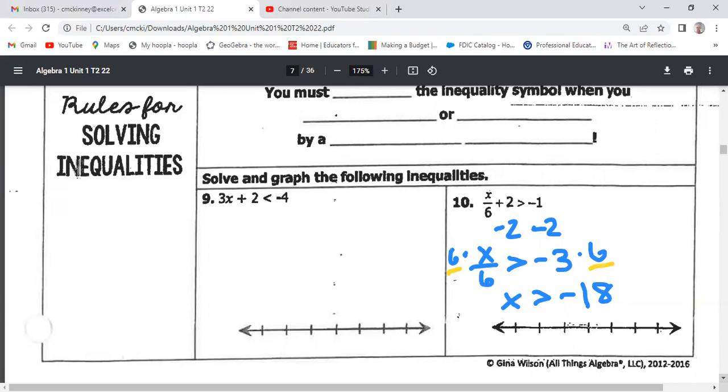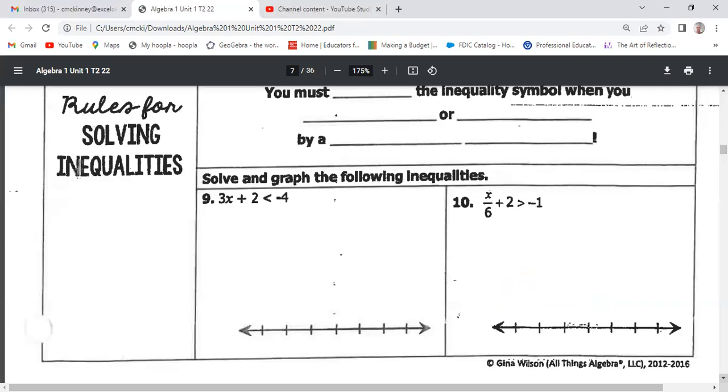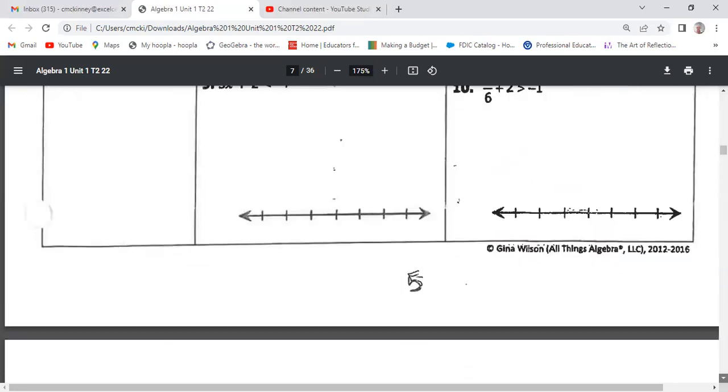Basically, if the coefficient of the x is negative, or if the x is being divided by a negative number, and then you would have to multiply by a negative, that's when you flip. It's not just because your constant on the other side starts out negative. And then of course that would have been an open circle and shaded to the right.